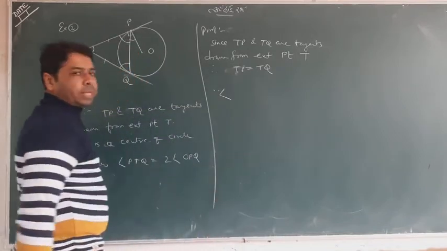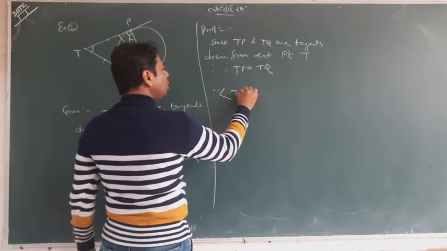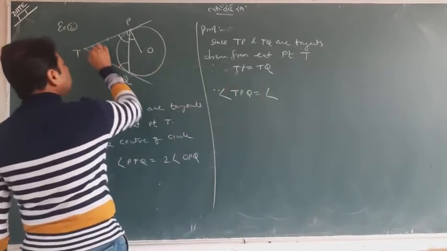What is the name of this angle? TPQ. So TPQ is equal to TQP.